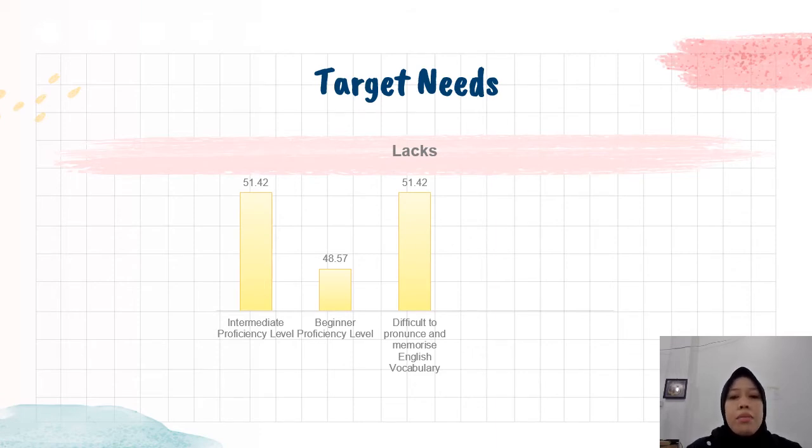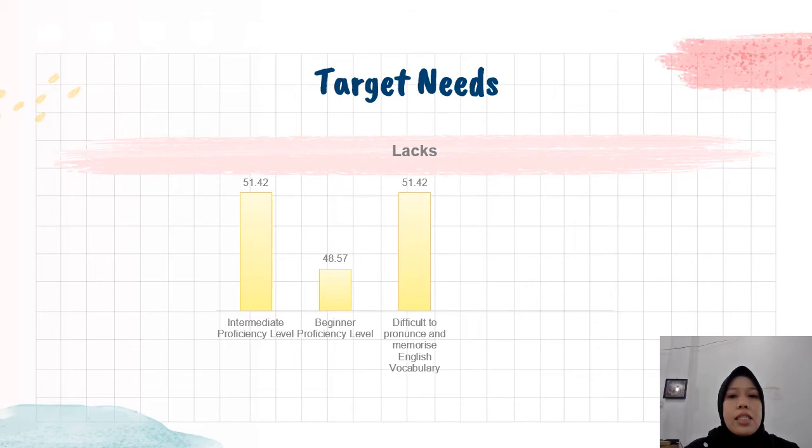And also 51.42% of students agree that they have difficulties to pronounce and memorize English vocabulary.